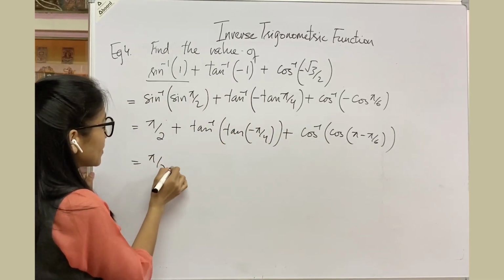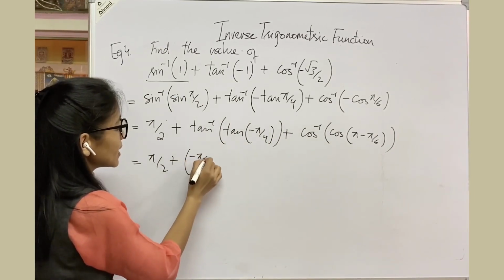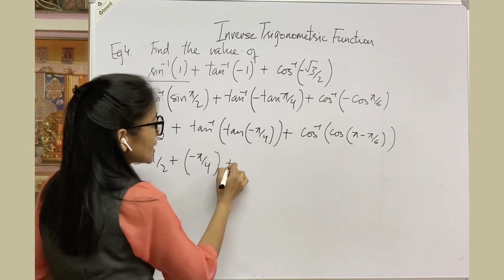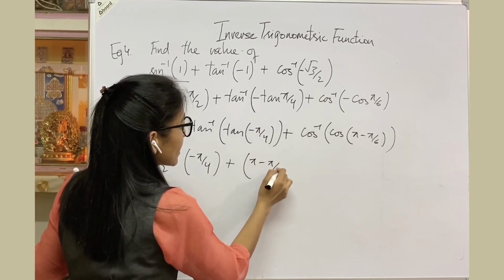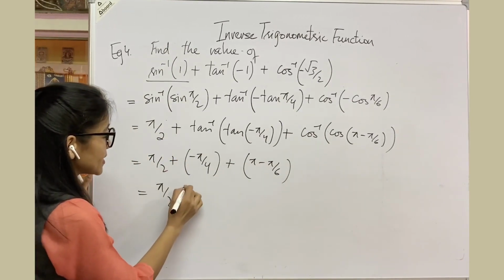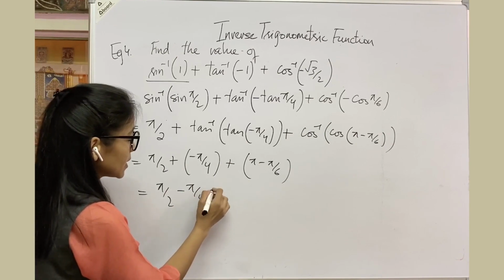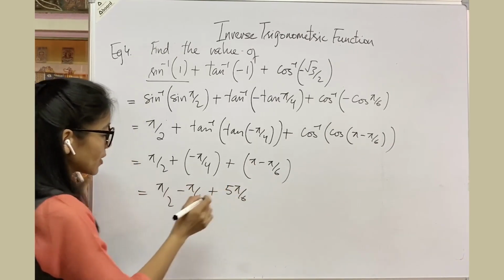So now we have pi by 2 plus, now you can cancel these two. So here we have negative pi by 4 plus, these two you can cancel, so we have pi minus pi by 6. So now we have to solve this. Plus, minus minus pi by 4, plus pi minus pi by 6 is 5 pi by 6. Now you have to solve this.